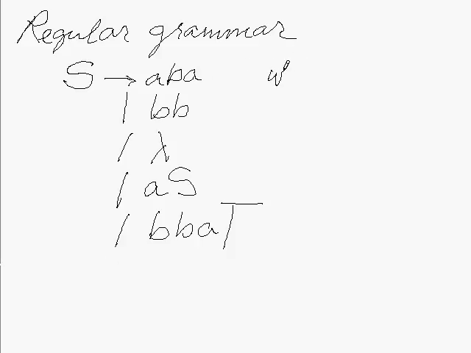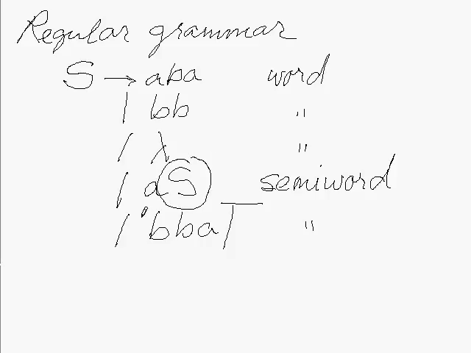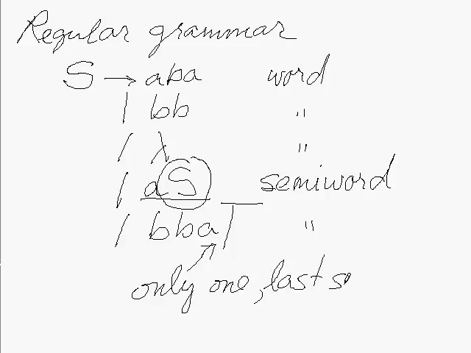So either it's a word, like all these are, or it's something that we call a semi-word. So it's a word followed by exactly one variable. The variable has to be at the far right of the rule, and there can only be one, and it's the last symbol.